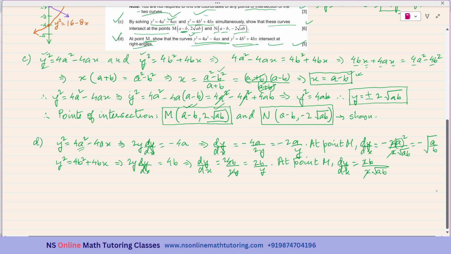These two will be getting cancelled, and this is actually root b whole square. So, this can be written as root b over a. Okay.